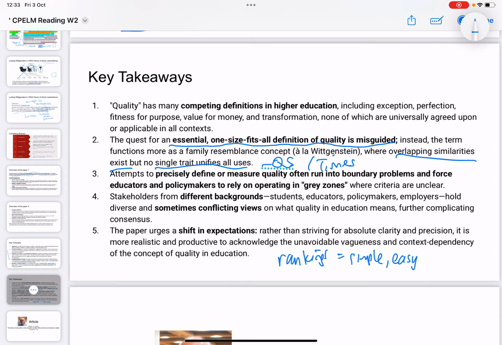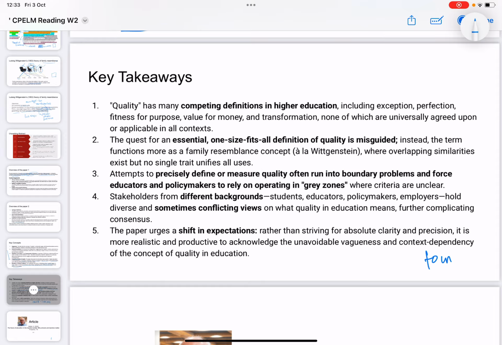So this is also something for you to think about. How can we re-envision how ranking looks like? Stakeholders from different backgrounds attempt to precisely define or measure quality, and often run into boundary problems and force educators and policymakers to rely on operating in gray zones where criteria are unclear.